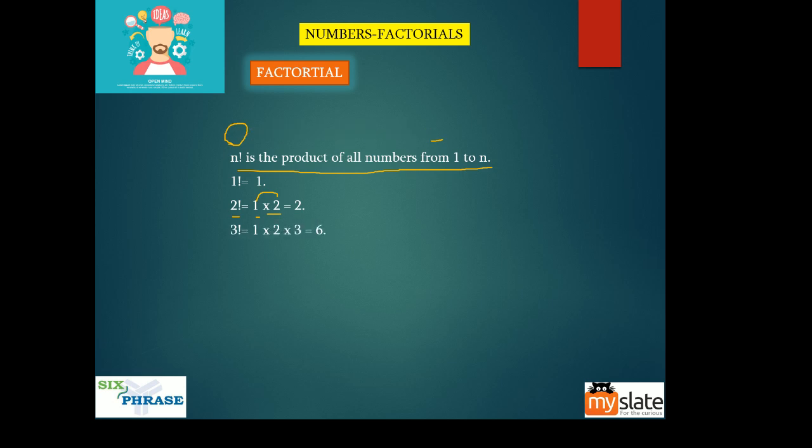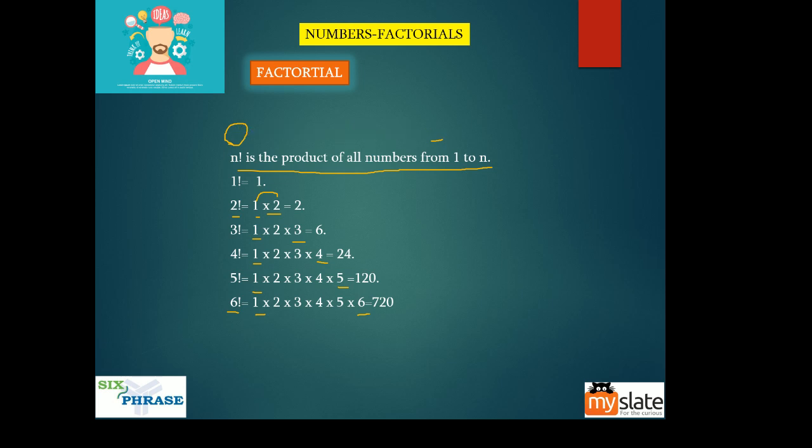3 factorial means it goes from 1 to 3. 4 factorial means it goes from 1 to 4. 5 factorial goes from 1 to 5, 6 factorial goes from 1 to 6. So n factorial in general is the product of all numbers from 1 to n.